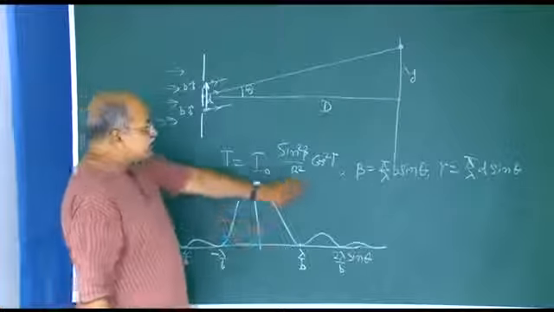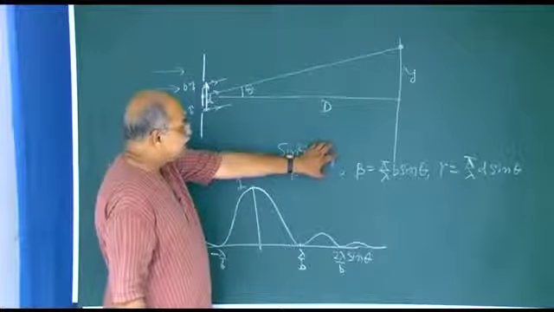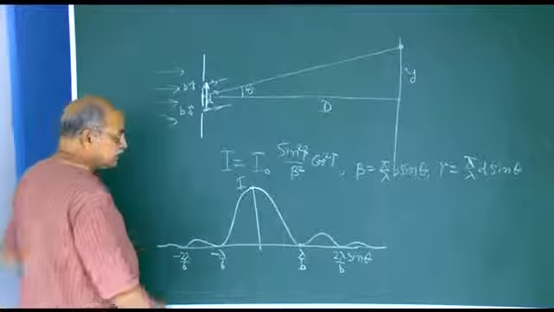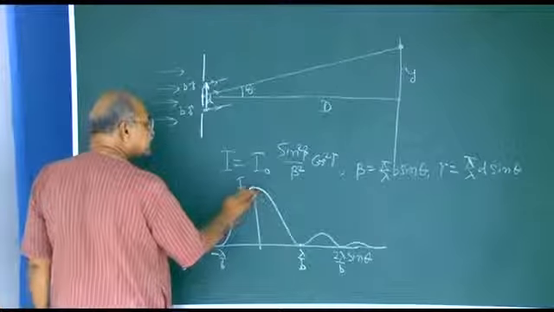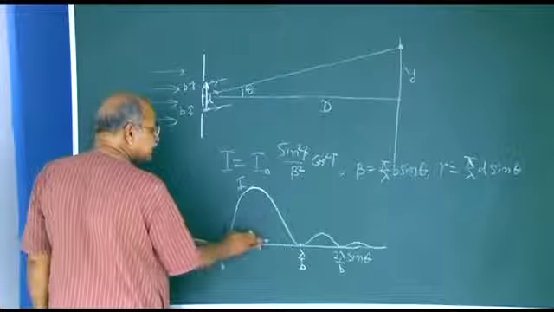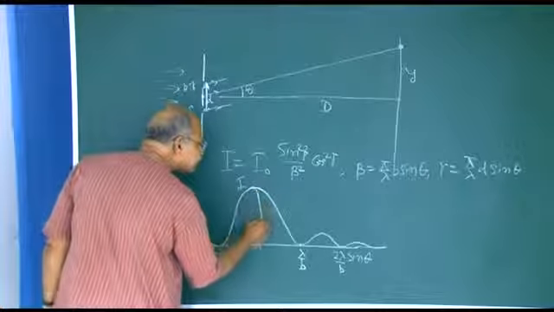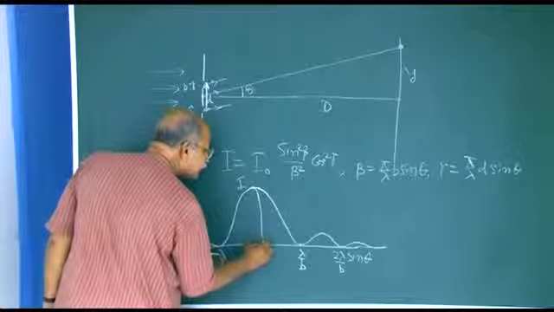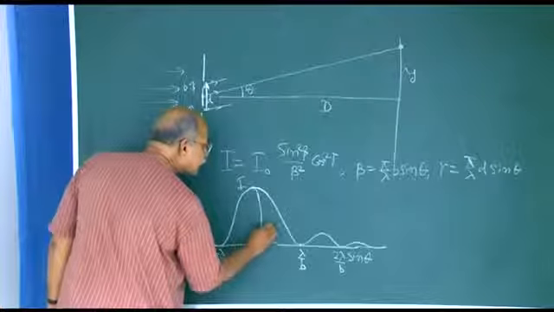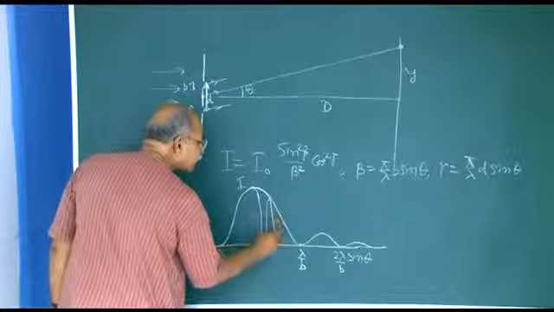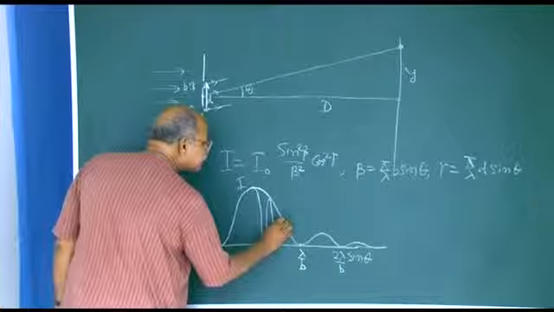And then because of this factor cos square gamma, because of the presence of these two similar slits, you have in fact an intensity that goes like this, something of this sort. So this is the actual intensity.